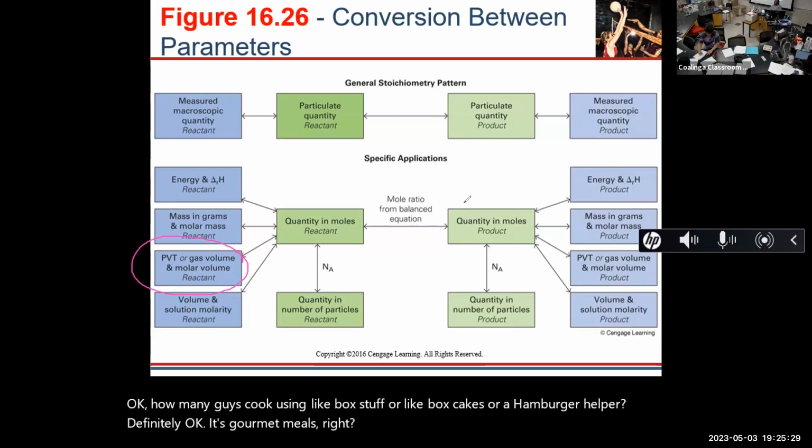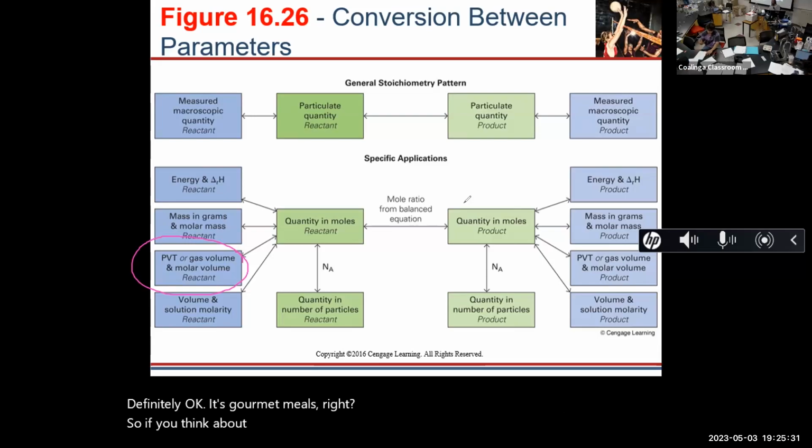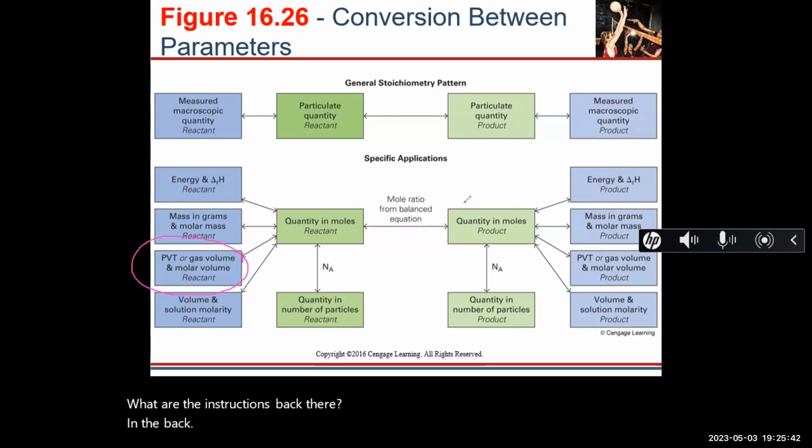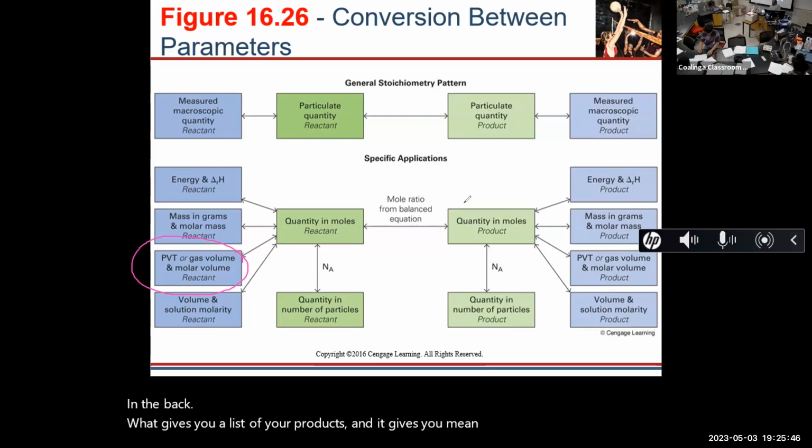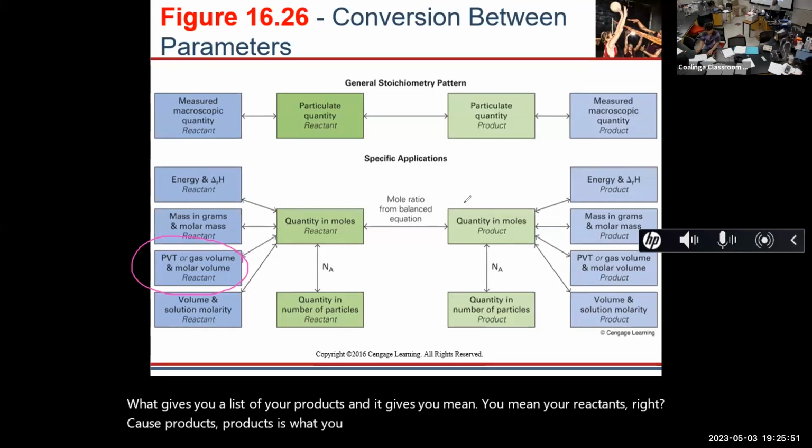So if you think about that, what are the instructions on the back? Well, it gives you a list of your products, and it gives you the order to assemble them. You mean your reactants, right? Yes.